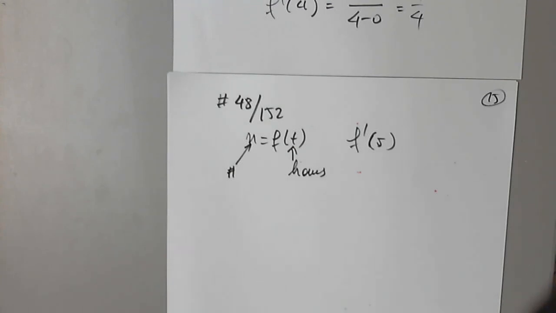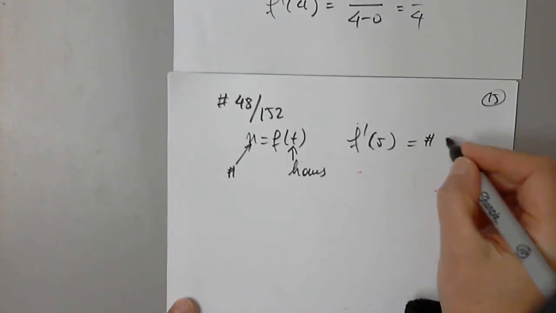What does f prime of 5 mean? How fast is the number of bacteria changing 5 hours after the initial count? So how fast is the rate of change of the number of bacteria 5 hours after the start of the experiment? 5 hours. Measurement unit.